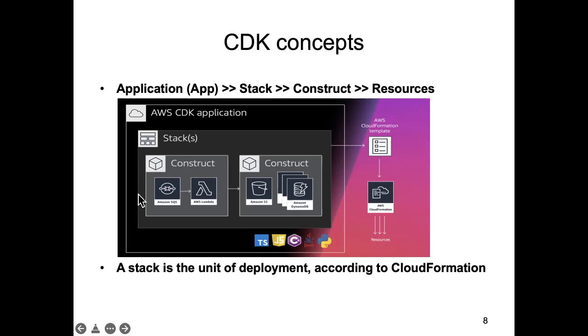These are abstractions, as we say. These are abstractions on top of what's really happening down at the ground level. At the ground level, it's resources that the AWS cloud understands. And the image there shows the relationship between resources and all of the other constructs, which I talked about the last day.